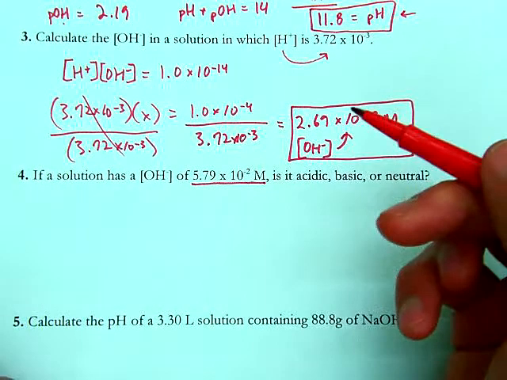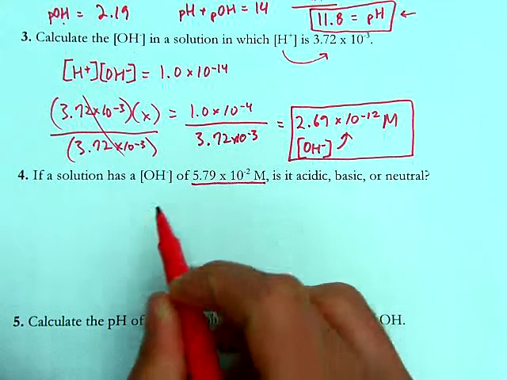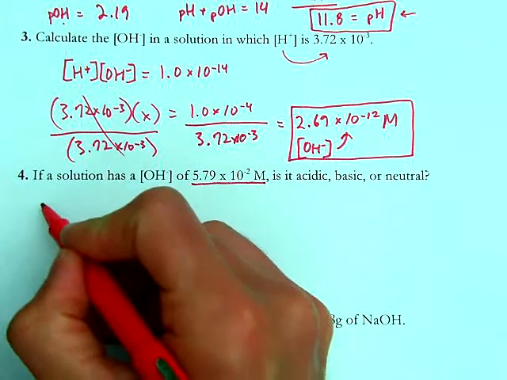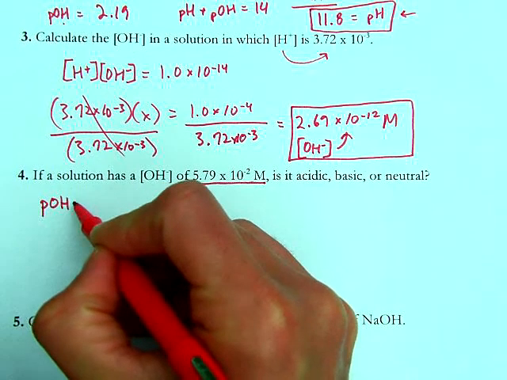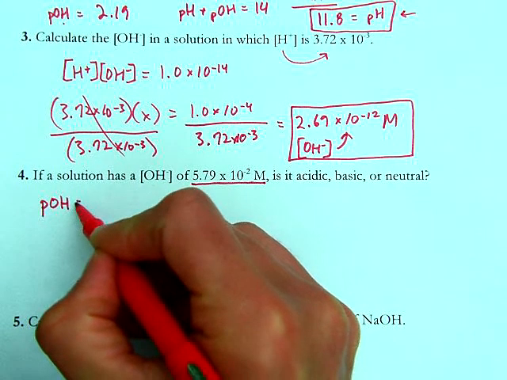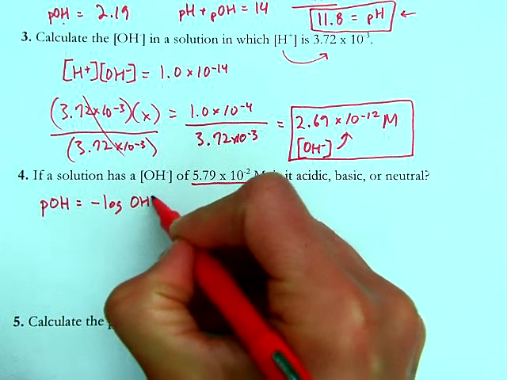We're going to do it a different way because we just did something similar to that above. So a different way would be to solve for pOH. And to do that, we take the negative log of the concentration of OH.